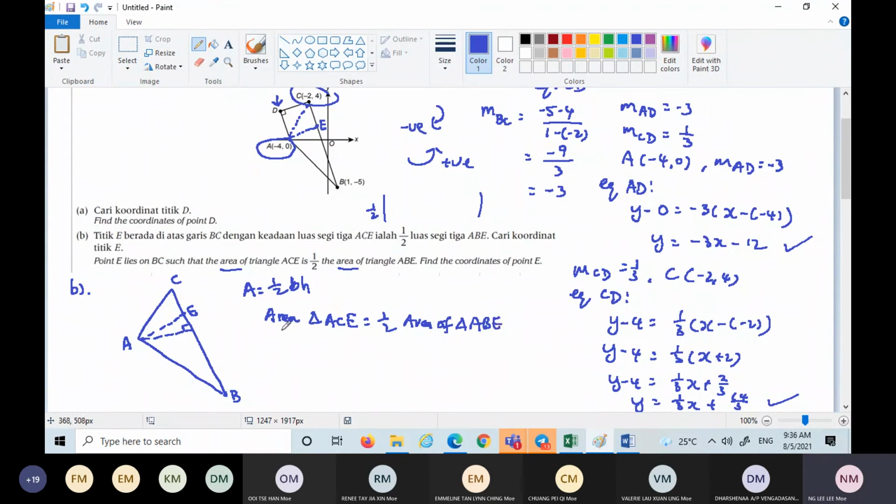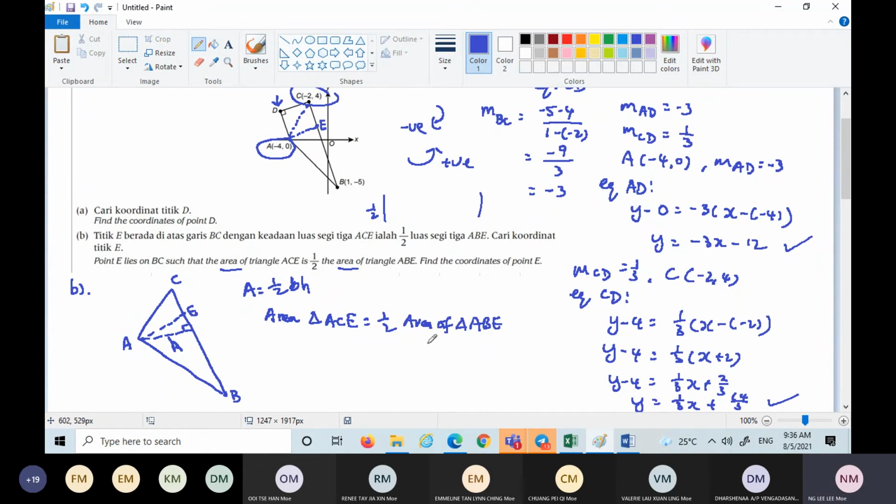So the area of ACE, this triangle, this one will be the height. This height for triangle ACE is also the height for triangle ABE. I hope you can see. It's something like this.